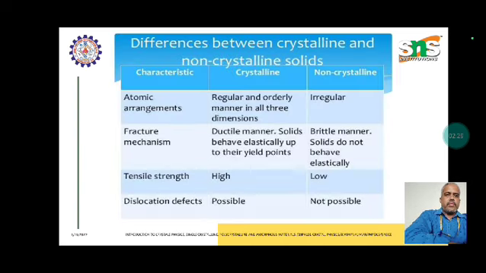Next, in this slide, we discuss the difference between crystalline and non-crystalline solids based on characteristics: atomic arrangement, fracture mechanism, tensile strength and dislocation defects. Crystalline solids have a three-dimensional regular arrangement and non-crystalline an irregular one. Tensile strength is high in crystalline and low in non-crystalline.